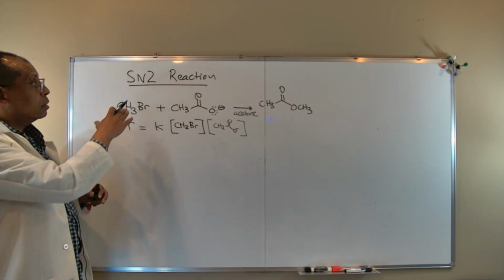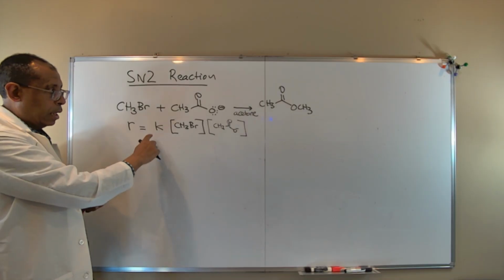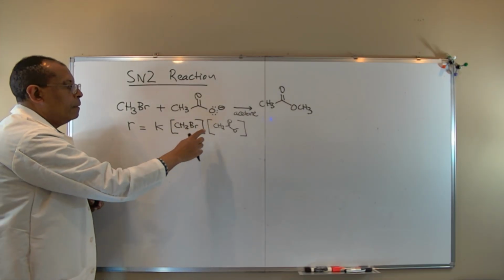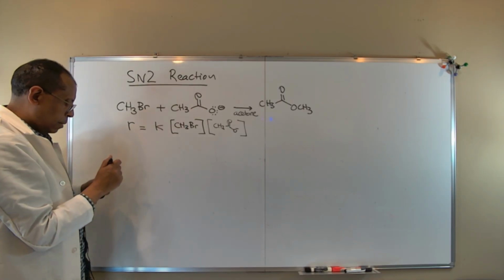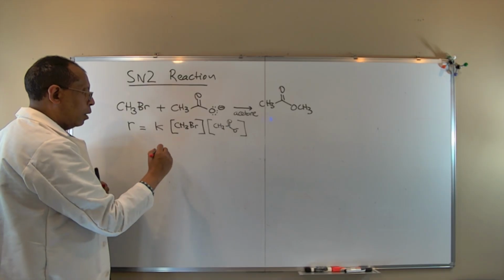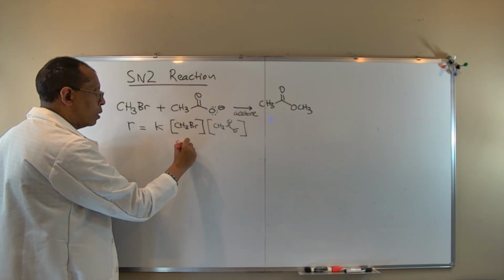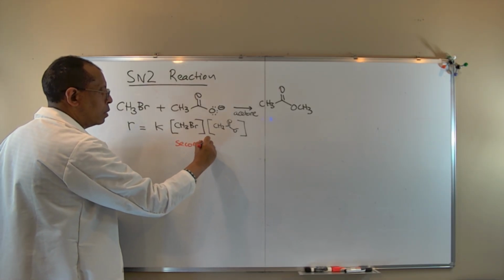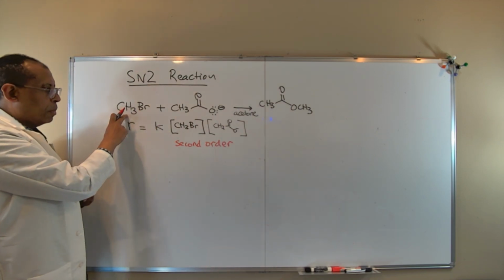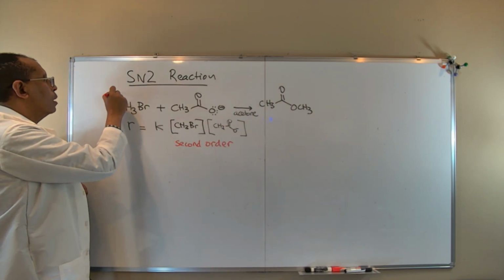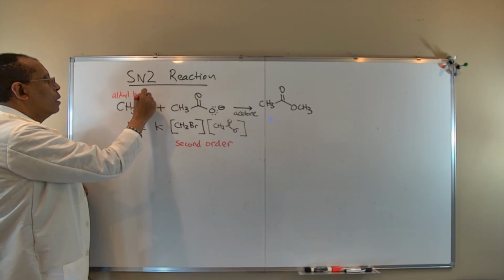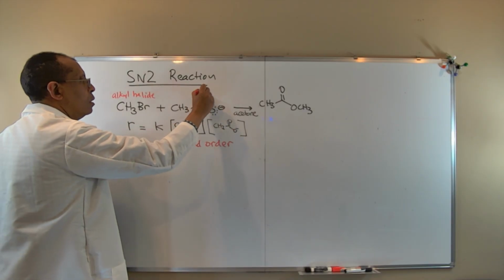As indicated here, it is a bimolecular reaction because both are involved. That means this is a second order rate law, second order reaction. This is methyl bromide, which is your alkyl halide, and this is your nucleophile.